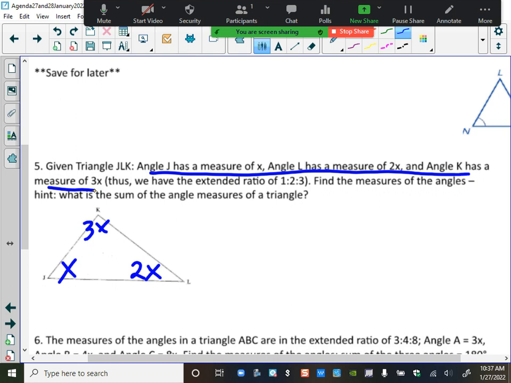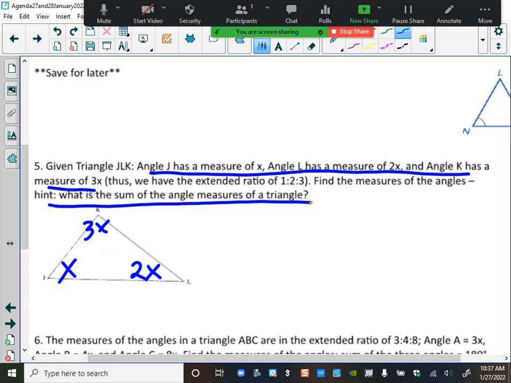Now, we're going to find all three measures, angle K, J, and L. But what is one thing we definitely know about the sum of those three angles? What must the sum of all three angles add up to be? 180. Very good.